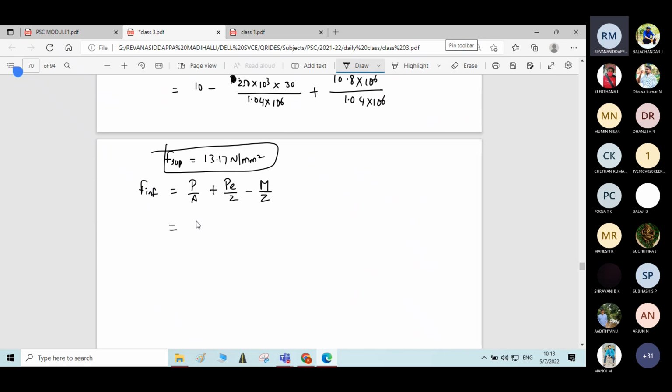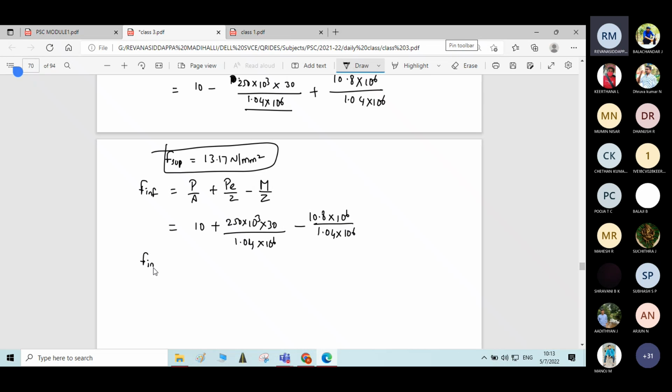P by A is 10 only, plus P by Z, same terminology: 250 into 10 power 3 into 30 divided by 1.04 into 10 power 6, minus M by Z, 10.8 into 10 power 6 divided by 1.04 into 10 power 6.